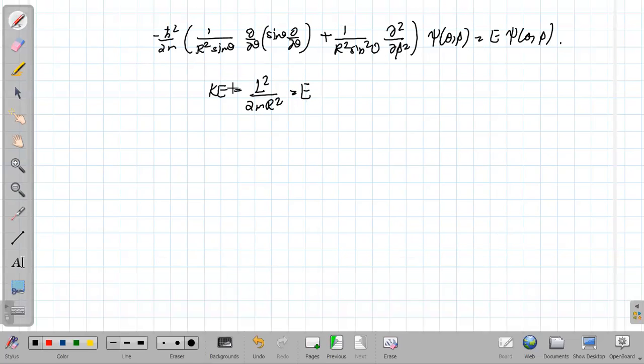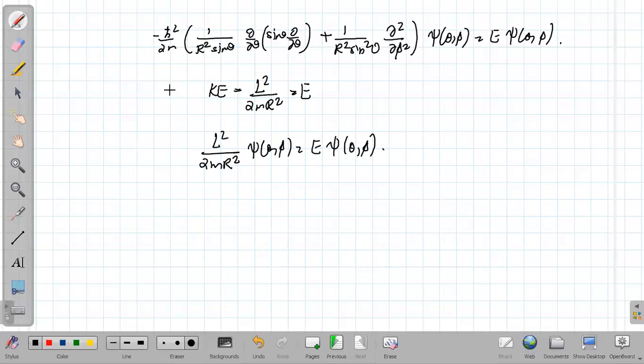So this same thing I can write as L squared upon 2mR squared acting on psi theta phi equal to E psi theta phi. We can identify the form of L squared by comparing these two expressions.